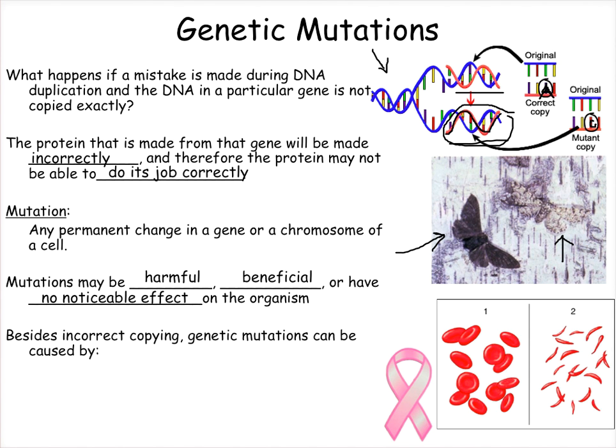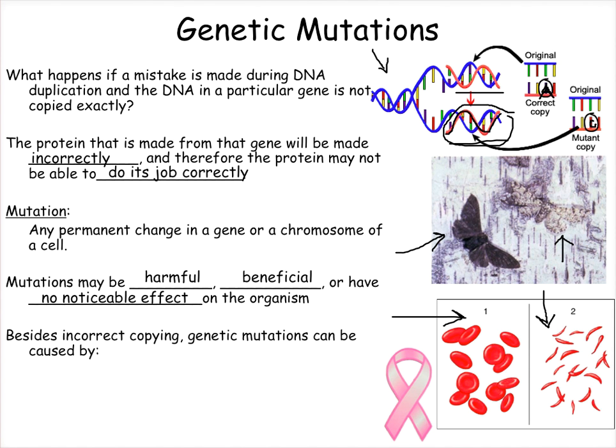All right, now let's look at an example in which the mutation has a harmful effect. That's this one here. In the left side of the diagram, you can see red blood cells from an individual that has genes to make the blood cell proteins correctly. In this side of the diagram, you can see red blood cells from an individual that has a mutation in the genes that make the blood cell proteins.